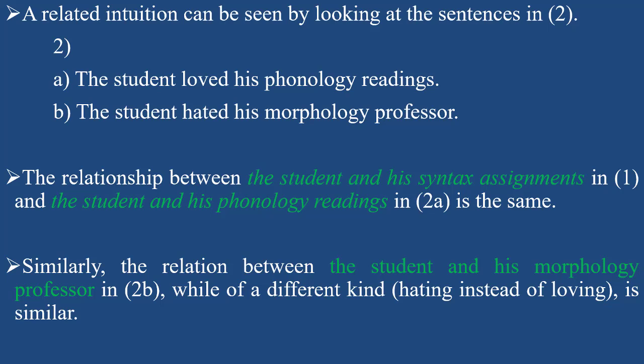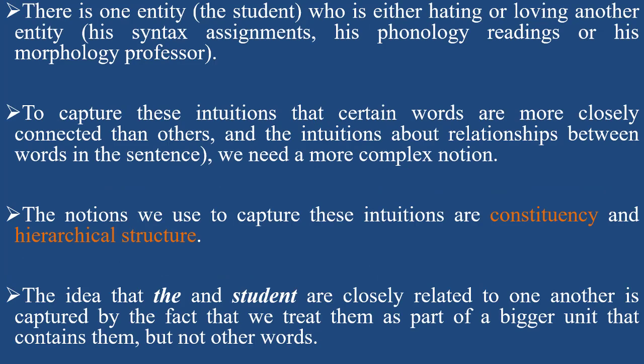It's the meaning of the words that is changed, but syntactically they are both verbs, so they both occupy the same position in the sentence. So there is one entity, the student, who is either hating or loving another entity: his syntax assignments, his phonology readings, or his morphology professor.